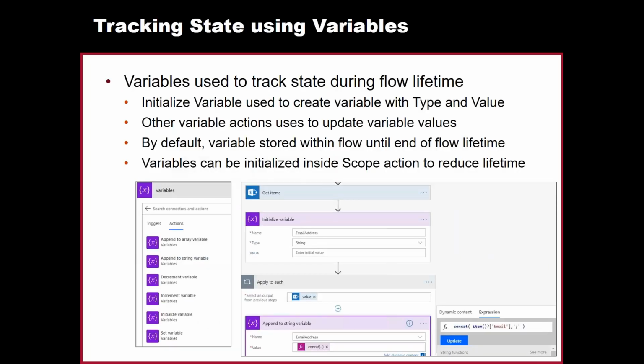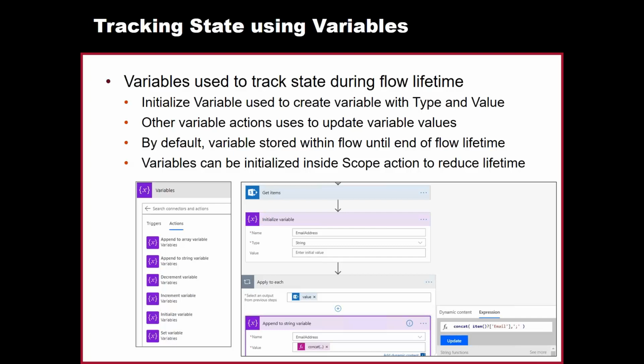Now, as we keep going through here, using variables to track state gets to be a valuable thing to do. Here's an example in the slide in front of you where I say get items, and then we initialize a variable with the email address.